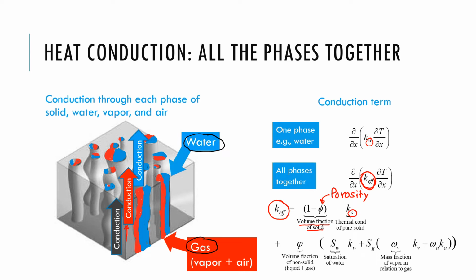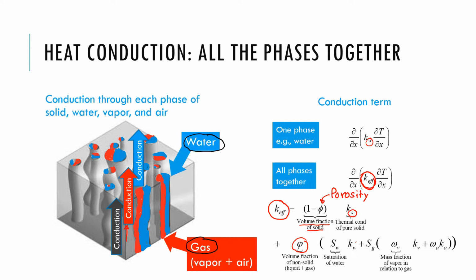Total porosity includes a porosity due to liquid or gas phase. So when we take out liquid and gas, it's just the solid. So 1 minus phi times that. Then phi, the volume fraction of non-solid, that's liquid plus gas, multiplied by the liquid and the gas part, but they also need to be weighted because they're not in equal amount.